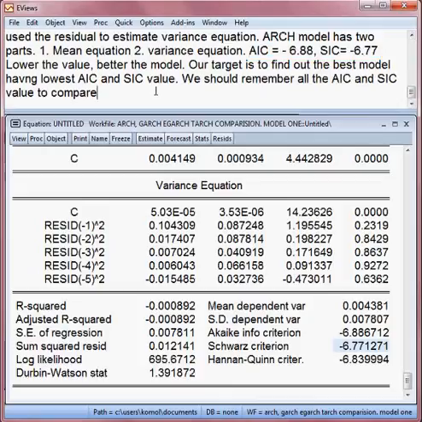Okay. Now we shall develop another model, that is the GARCH 1,1 model, right? So I go to estimate.